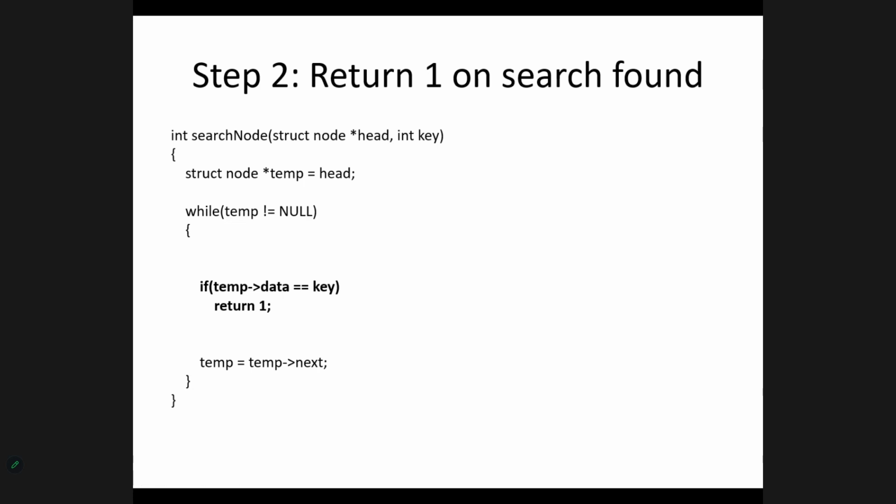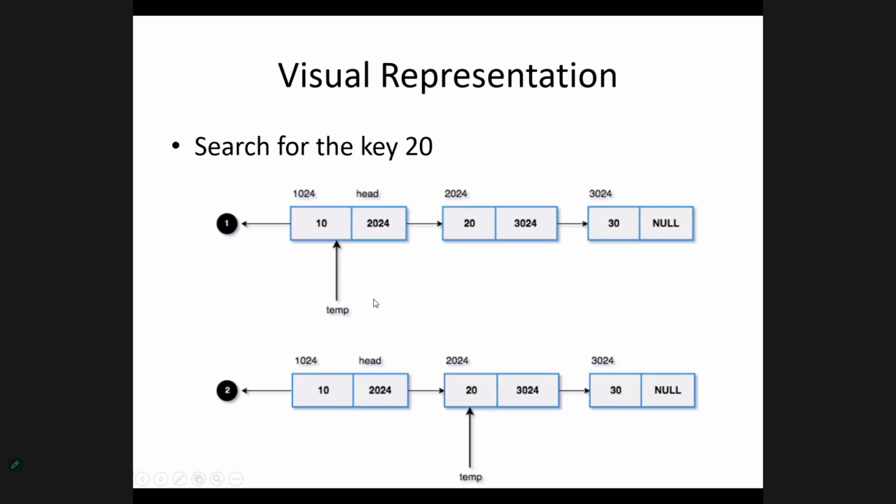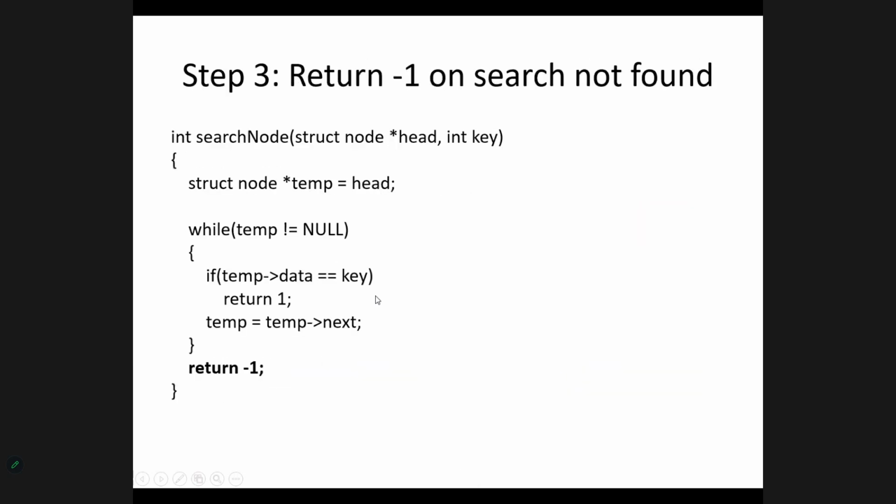Then it will move forward, right? So this while loop is taking place, right? Okay, so else, right? The step 3, sorry, else return -1. Return -1 on search not found.